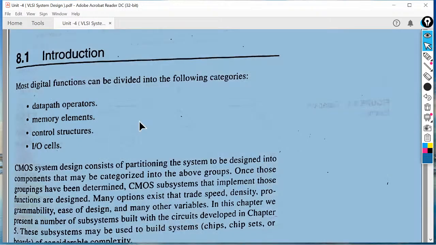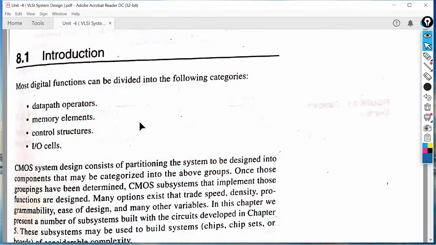If we want to design any processor, we need various operators like AND gate, OR gate, subtraction operation. These operators are under the category of data path operators. The second part is memory elements. For designing any processor we definitely require some memory elements, and these fall in the category of memory elements.